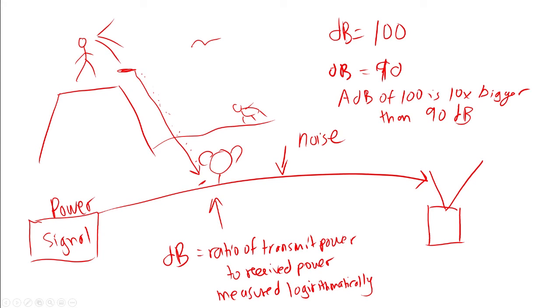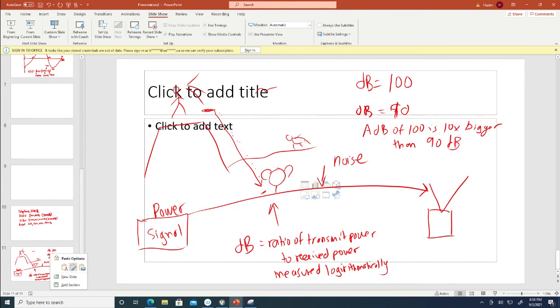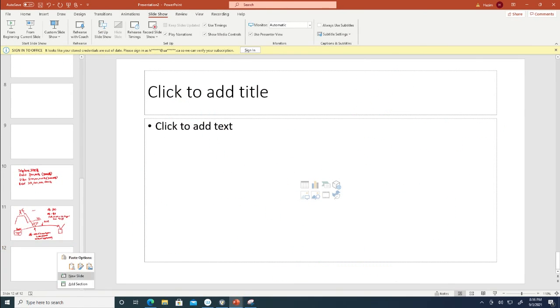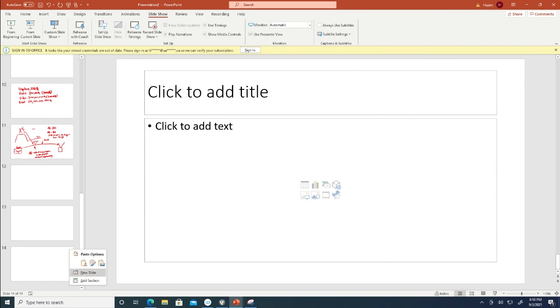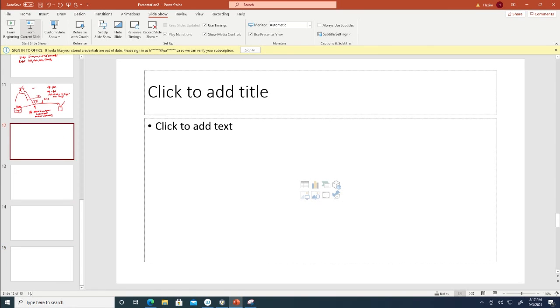And I'm not gonna explain that in too much detail, but basically calculate a log with a calculator.